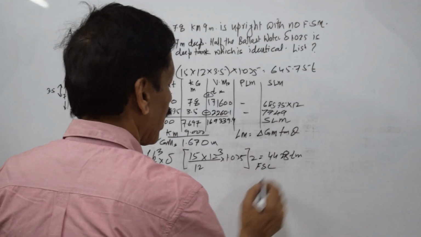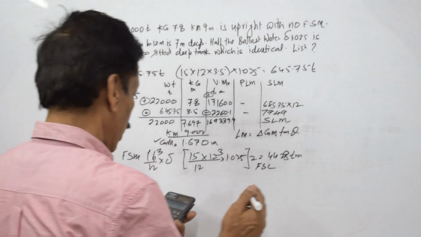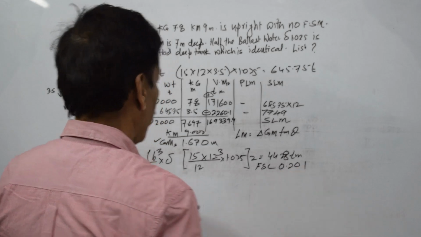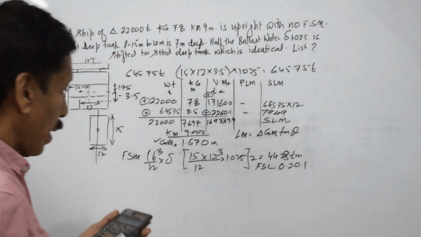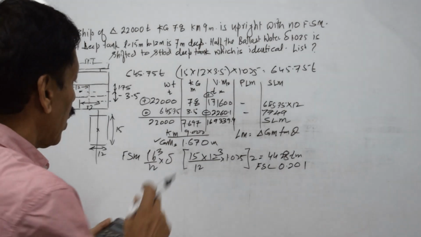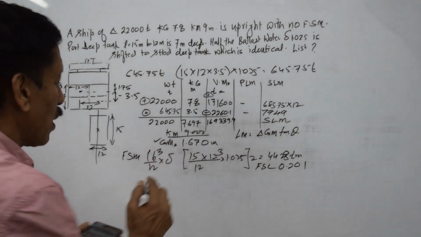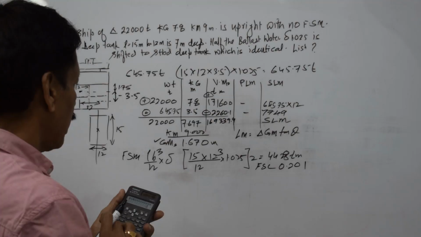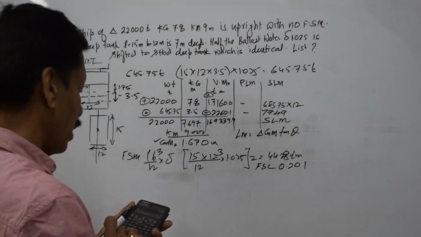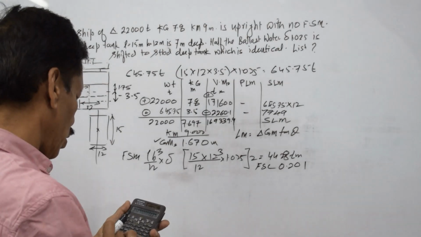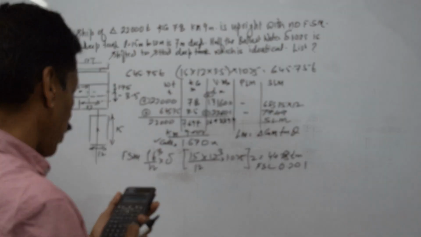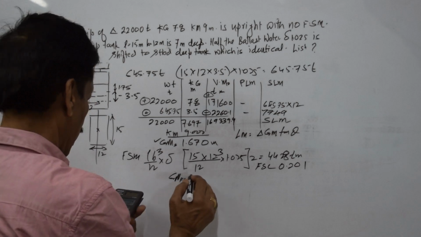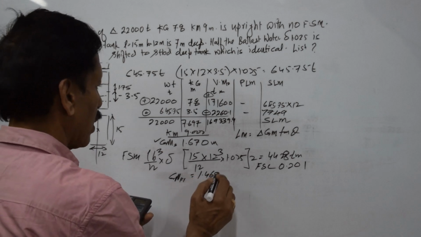Free surface correction is free surface moment divided by displacement. GM solid minus free surface correction will give me GM fluid: 1.67 minus 0.201 gives me 1.469. So GM fluid is equal to 1.469.